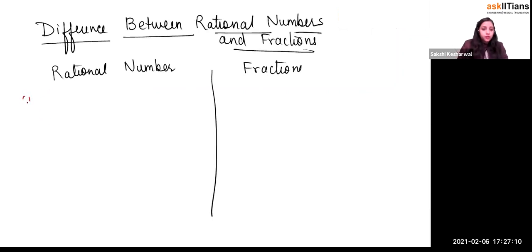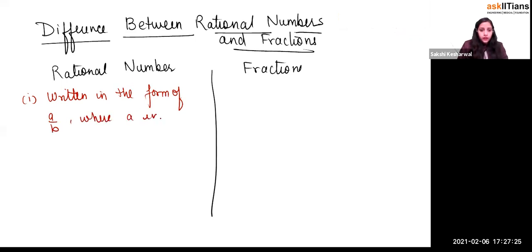This is basically the first point. This is written in the form of A by B, where A and B are whole numbers and B is not equal to 0. Oh my goodness, I wrote it wrong.